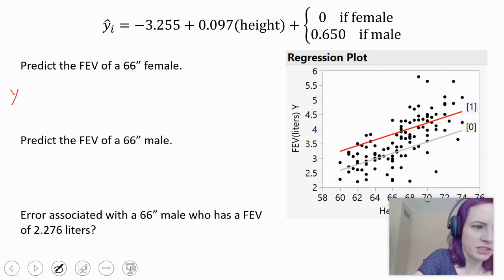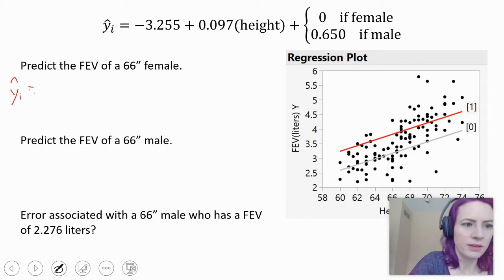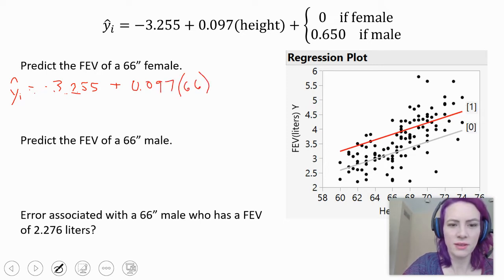Well, according to our prediction expression, the predicted value of y, FEV, would be negative 3.255 plus 0.097 times the height, which is 66.